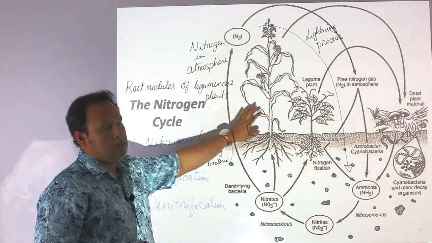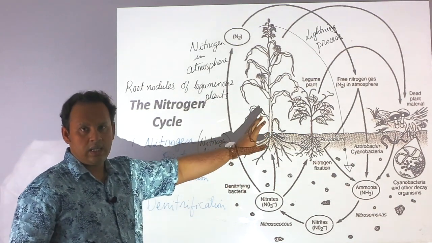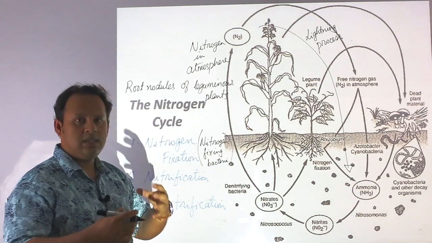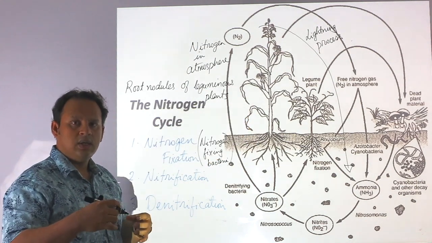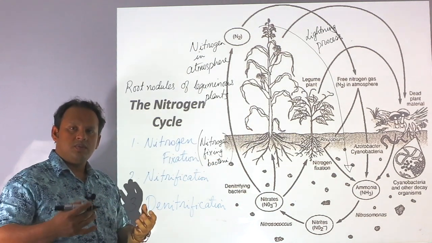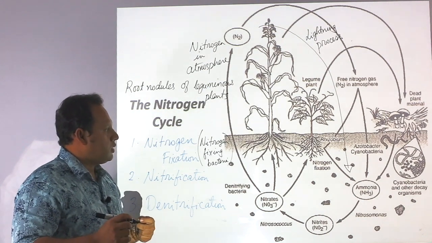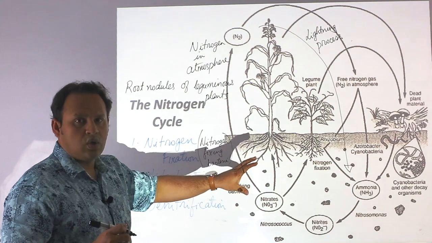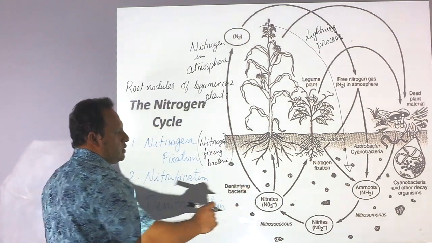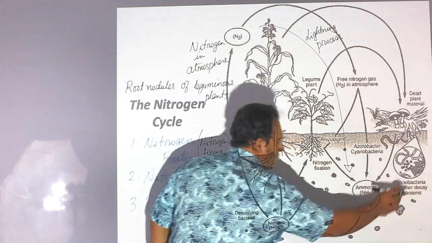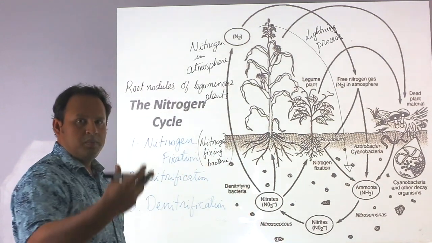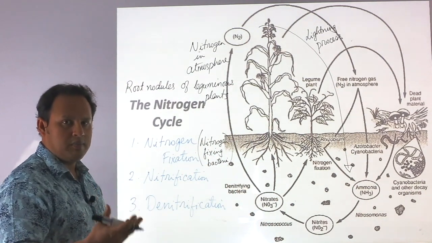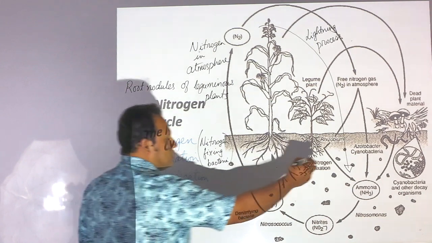Then when the plants decay, as we have seen in the carbon cycle, there is detritus, where microorganisms are feeding on dead and decaying matter. So there are bacteria, and other decay organisms such as fungi, that decompose the dead matter, and ammonia is the result.